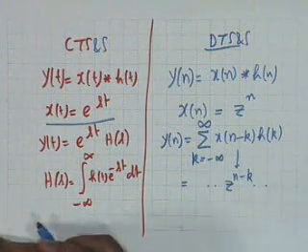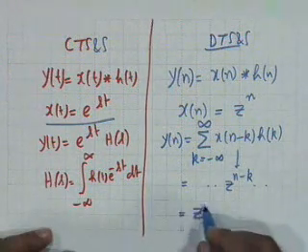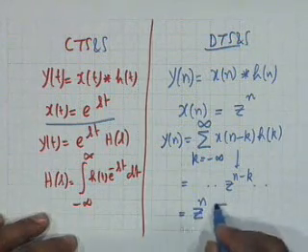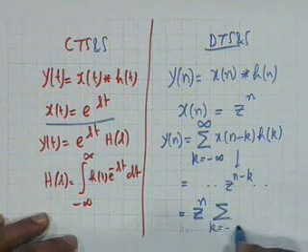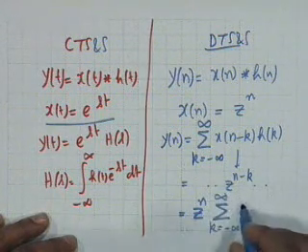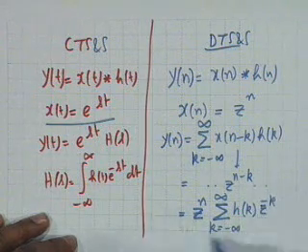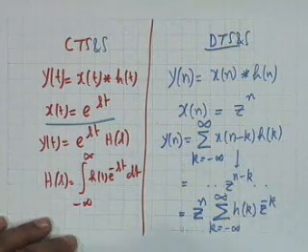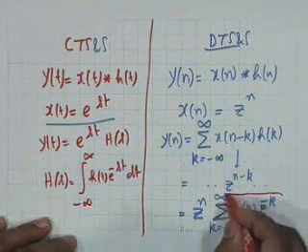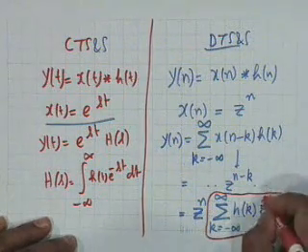Then you notice that y of n is z to the n, summation k equals minus infinity to plus infinity. What do I get? h of k z to the minus k, and I can put this summation as some constant H of z.